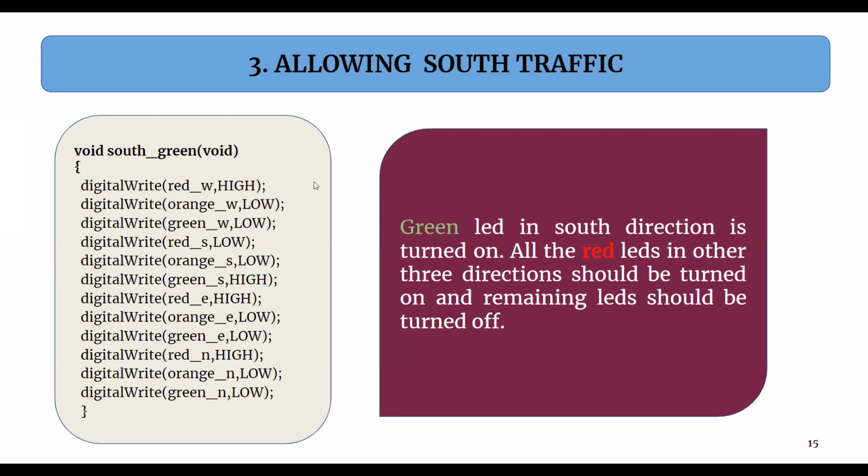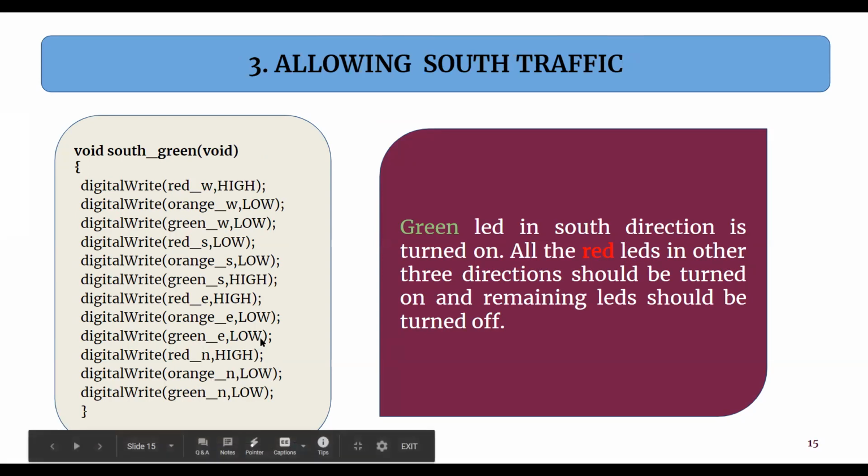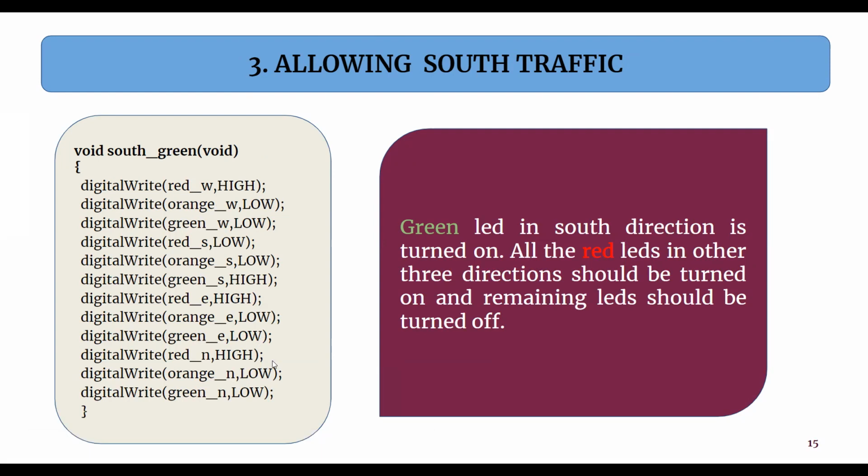Then next we will come to south direction, allowing the south traffic. So here the green bulb in the south direction should be high and all the other west, north and east red LED bulbs should be glowing, and other bulbs orange and green in other 3 directions should be low.